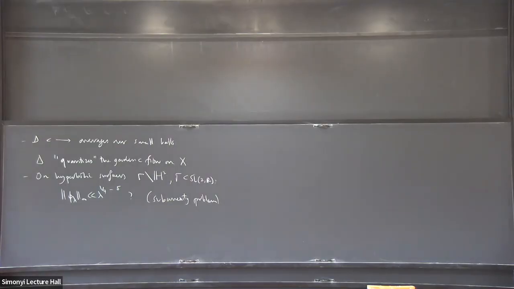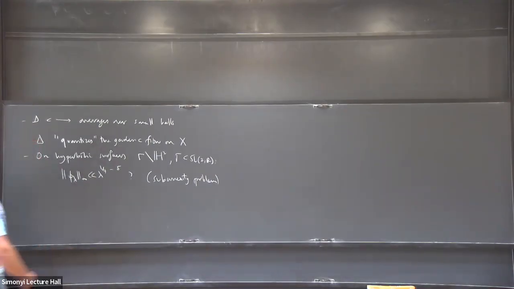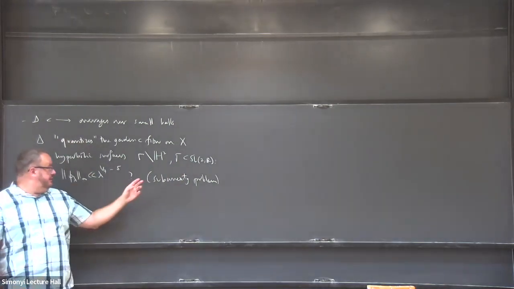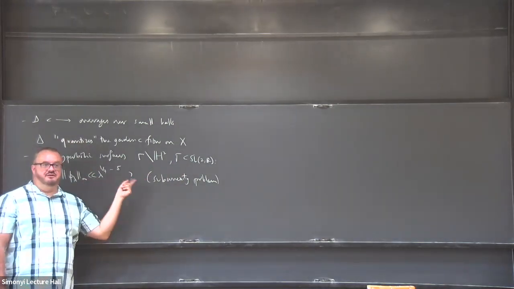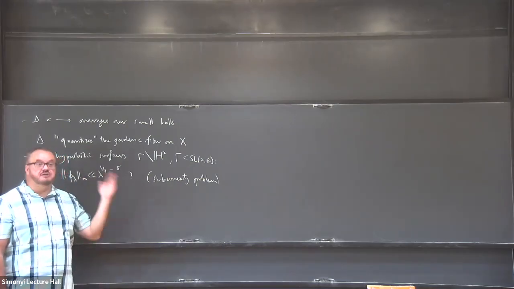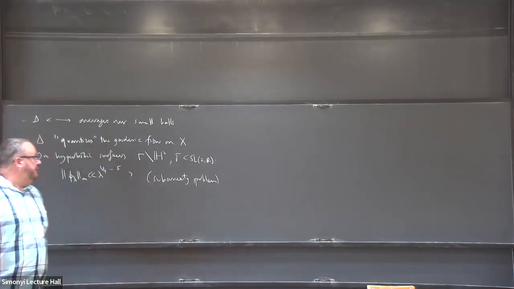This is a very special place to talk about that. So I'll just say here that if all you know about gamma is that it's a discrete subgroup of SL2R, so you're in a purely analytic situation, then we have nothing like this available. This is terra incognita, and I think it's generally understood to be a hopeless problem.